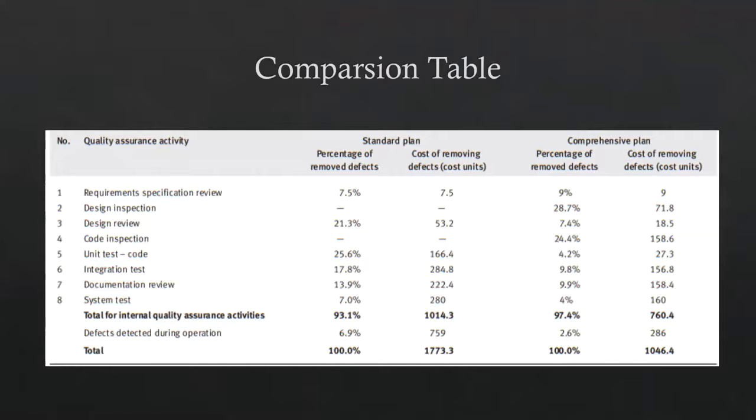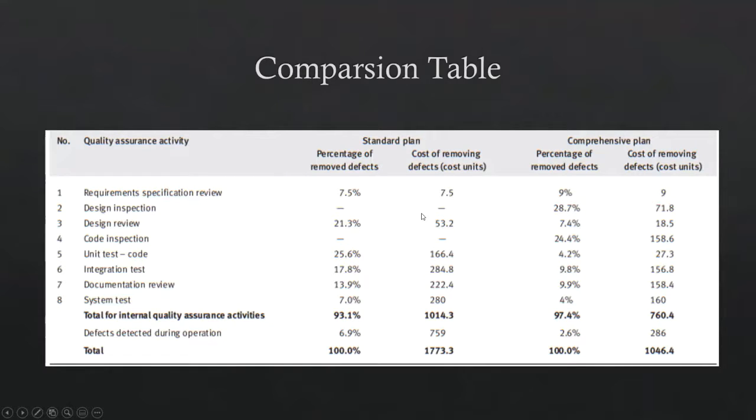You can see here our comparison table, standard plan and comprehensive plan. For example, in requirement specification review, the percentage of removed defects is 7.5, but in the comprehensive plan it is larger, 90 point. The cost of removed defects, that means cost units, is 7.5 here; there it is larger, 9.